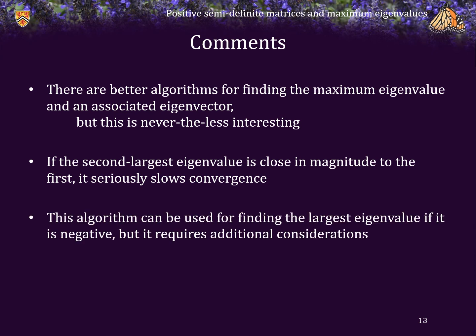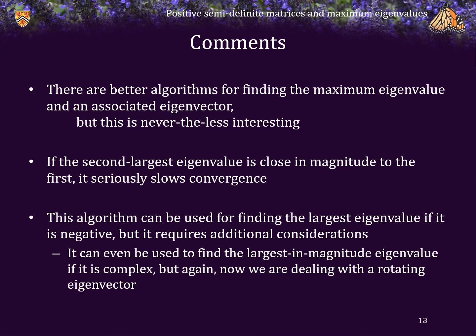Additionally, this algorithm can be used for finding the largest eigenvalue in magnitude if that largest eigenvalue in magnitude is negative, but then it requires additional considerations. For after all, A times the vector U will no longer be positive, but it will actually be pointing in the opposite direction. So after multiple iterations, it's going to bounce back and forth. Consequently, you have to take this into account when you consider convergence. It can even be used to find the largest magnitude eigenvalue if it's complex.